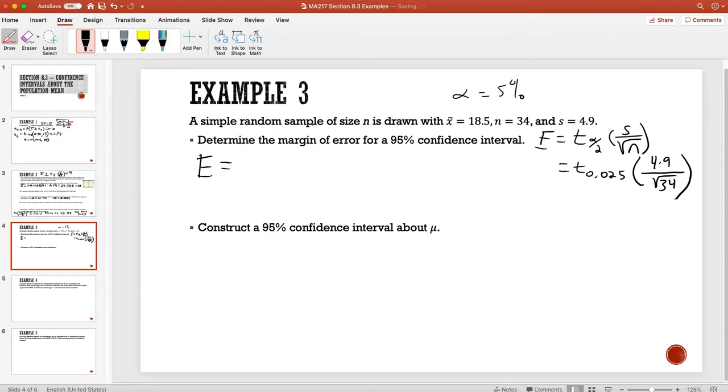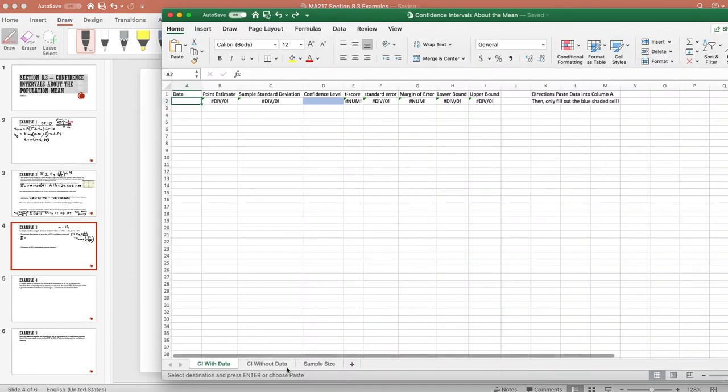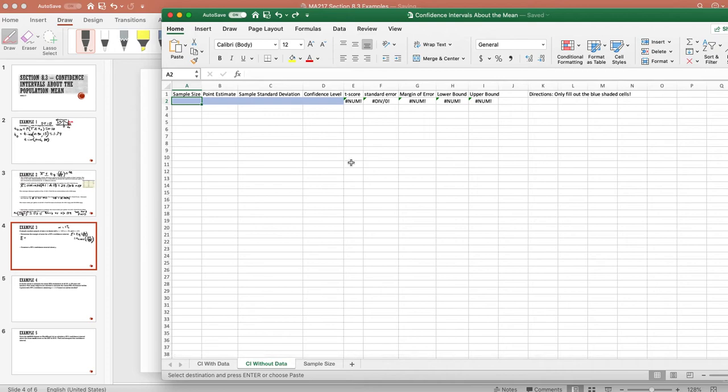Or again, we could use the template that I have on here, this time without data, to give the sample size of 34, the point estimate of 18.5, sample standard deviation of 4.9, and confidence level of 0.95.